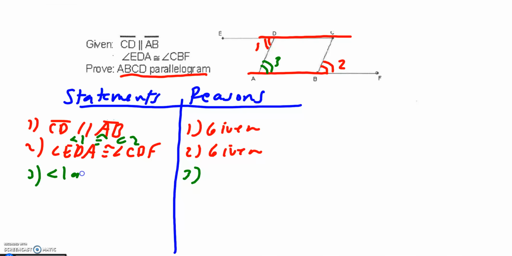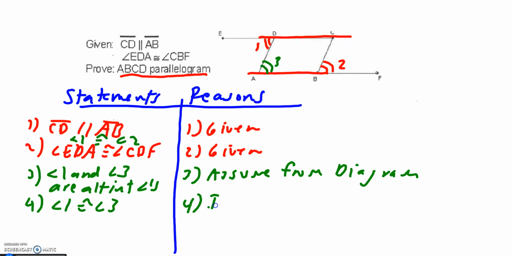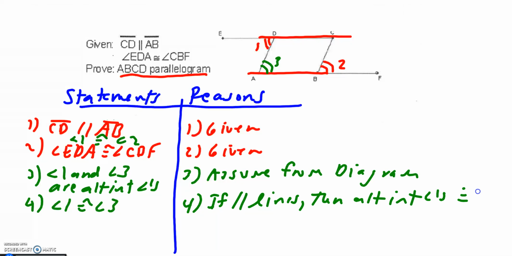So I'd write angle 1 and angle 3 are alternate interior angles, and then I would write that angle 1 is congruent to angle 3. This reason would be assumed from diagram, and this reason would be because if I'm given parallel lines, then my alternate interior angles are congruent.